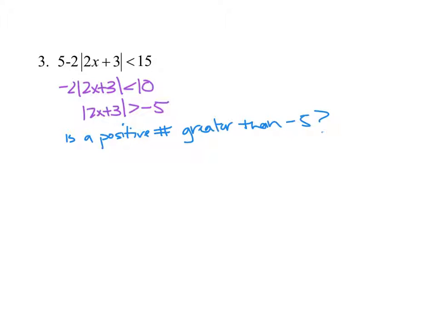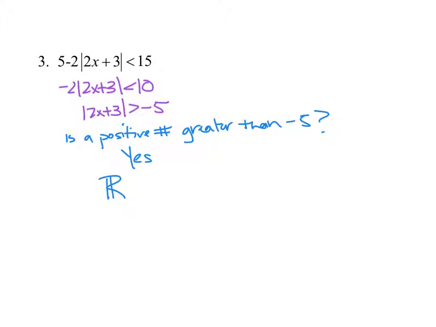So ask yourself that question. Is a positive number greater than negative 5? Well, hopefully you're saying yes, it is greater than negative 5. So if a positive number is always going to be greater than negative 5, the opposite of no solution is going to be all real numbers. So my answer to this would be all real numbers.